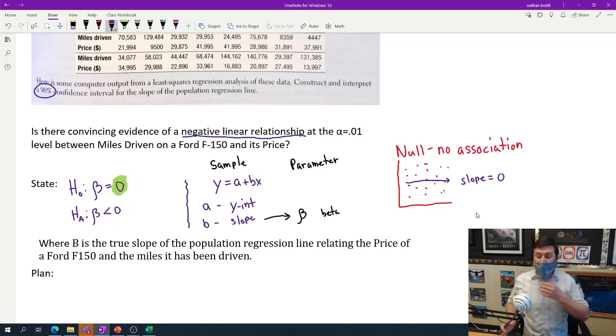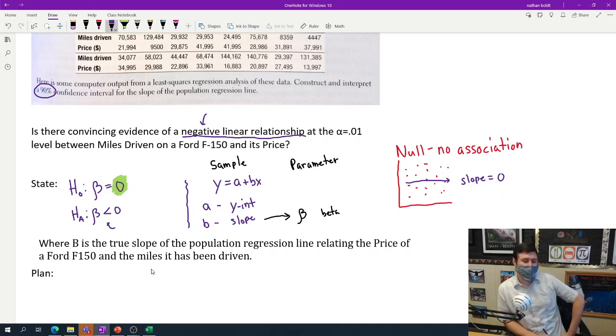That's why the null is 0 in this case. If there's no relationship, then the slope is 0. But if there is a relationship, then we will have a slope. And if it's a negative relationship, then it will be less than 0. So that is your null and alternative hypotheses.